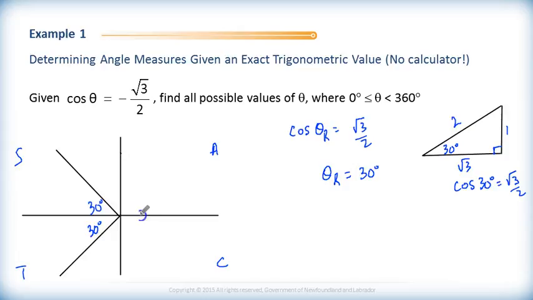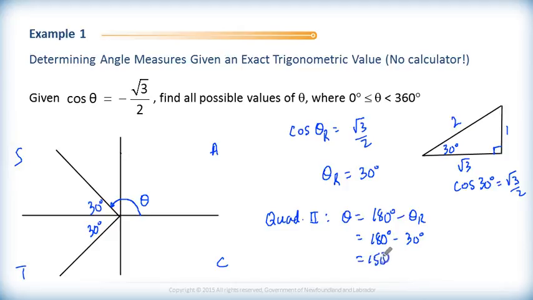So rotating from the positive x-axis to the second quadrant, our first possible value of theta in quadrant 2: theta is equal to 180 minus the reference. So in this case, that's 180 minus the 30, which gives us 150 degrees.